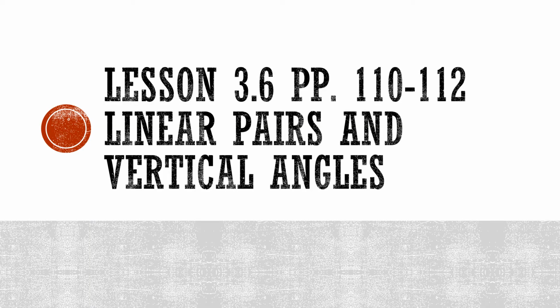So once again, this is lesson 3.6, linear pairs and vertical angles. You can find out more about this on pages 110 through 112 in that giant textbook that you bought that I really hope you're using.